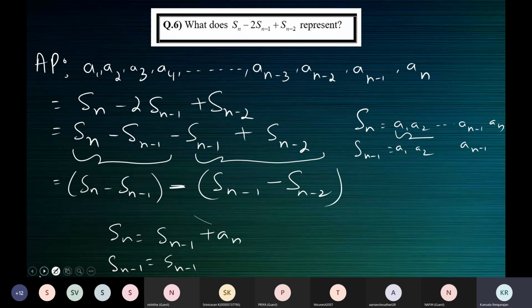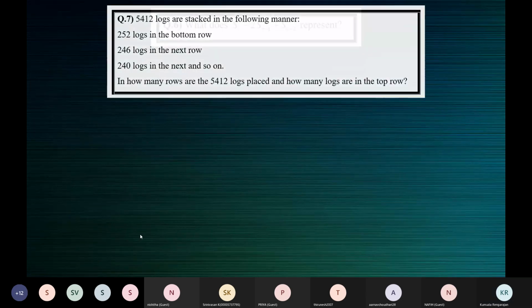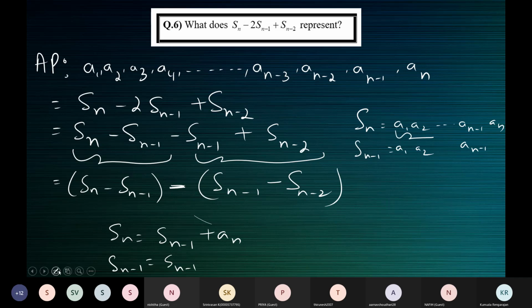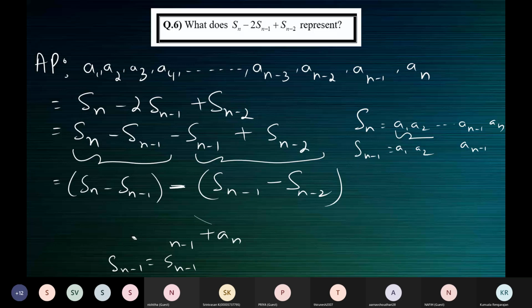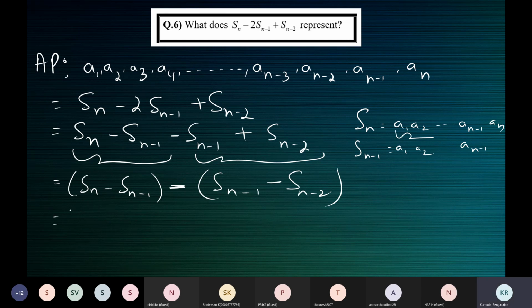Let me try to explain like that. Let me write Sn as the sum to n minus 1 terms plus the nth term, minus this one.